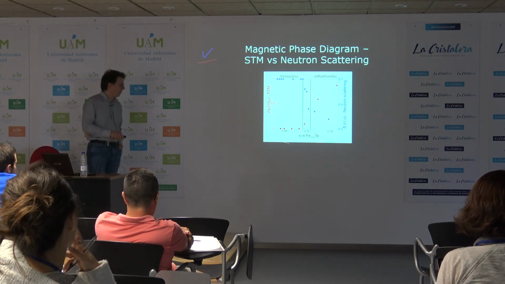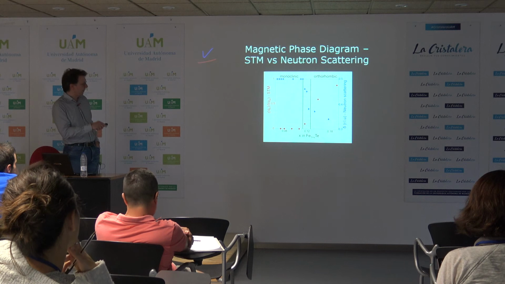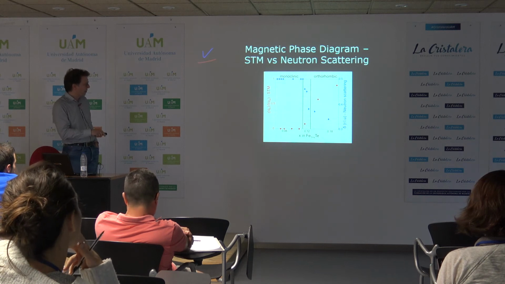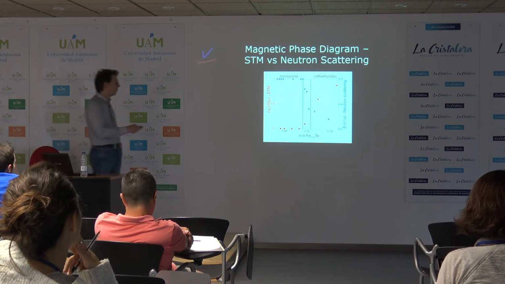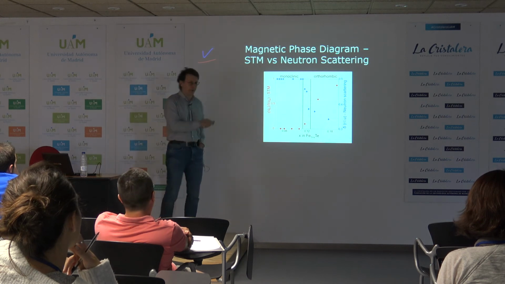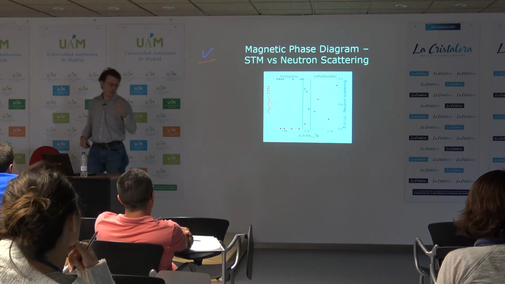And what's interesting to note is in the monoclinic phase, at low excess iron concentration, we see only magnetic order in one direction, and this is where Neutron scattering sees commensurate order in one direction.